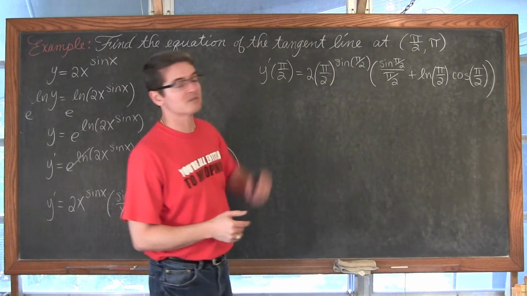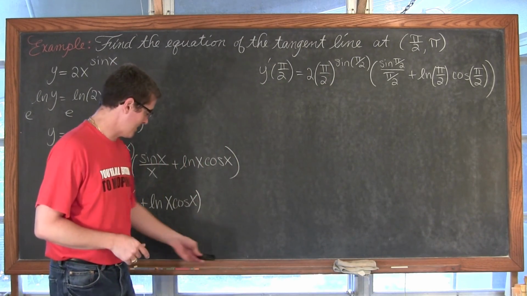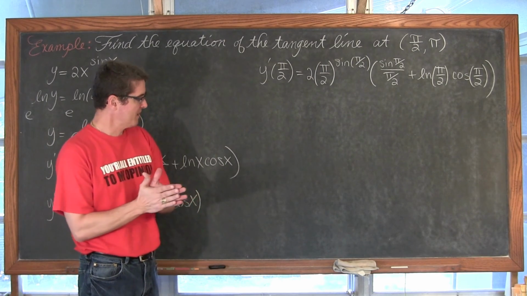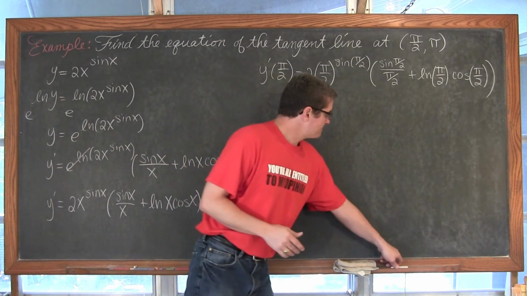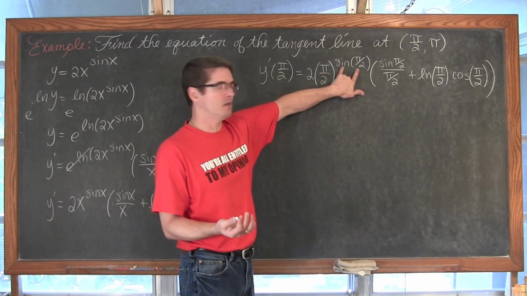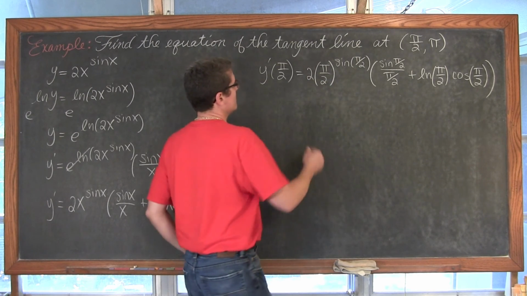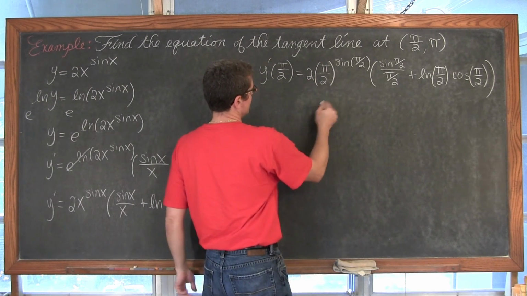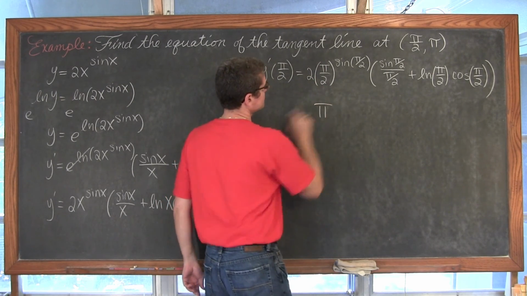So thankfully we're being asked to find the equation of a tangent line at pi over 2, which is positive. Well, the sine of pi over 2 from the unit circle is 1. So we have 2 times pi over 2, which is going to cancel out and just be pi.